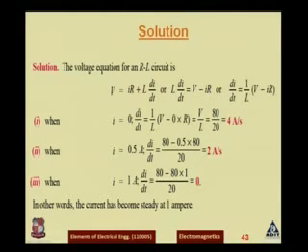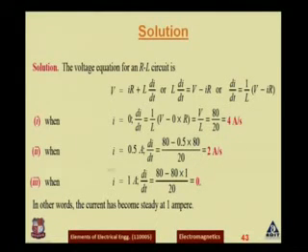So when I is equal to 0, what will happen? The rate of change of current di by dt is equal to V upon L, and the value of current is 0. So the maximum rate we can say is 4 ampere per second.